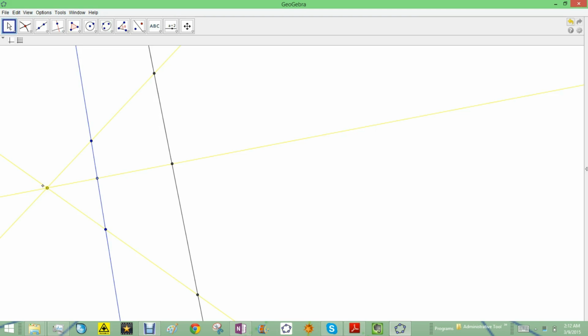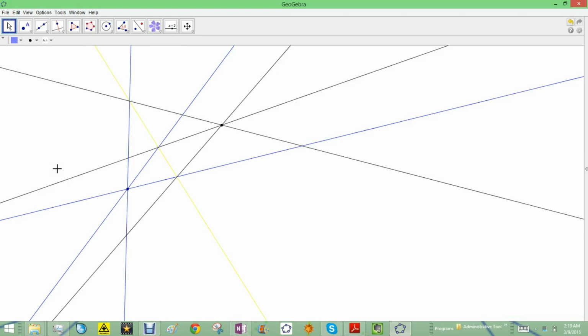Okay, so that's the perspective essentially from one line to another, or from a range to another range, or from a set of points to a set of points. Now the dual idea of this, something we've already encountered as well, is the idea of a perspectivity not from a set of points to a set of points, but from a set of lines to a set of lines.